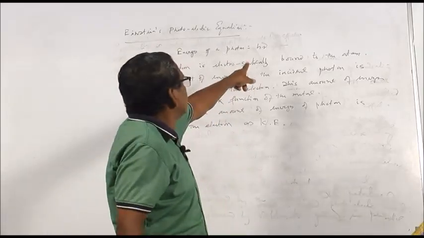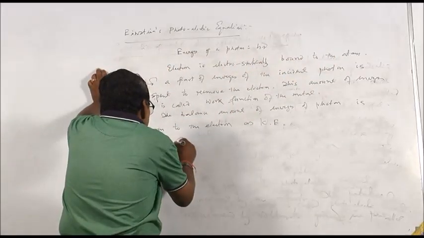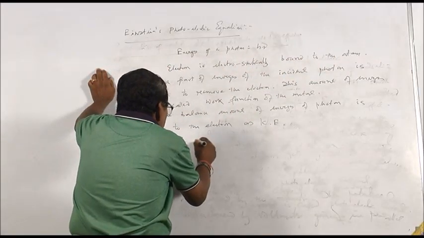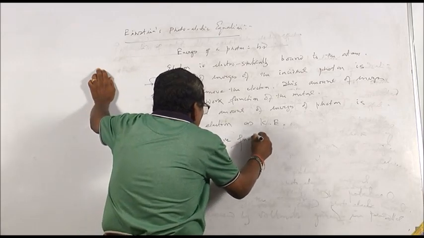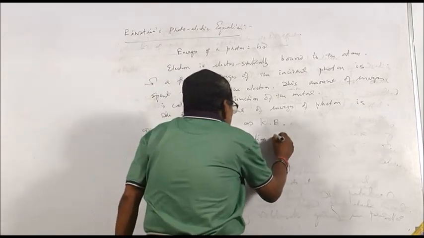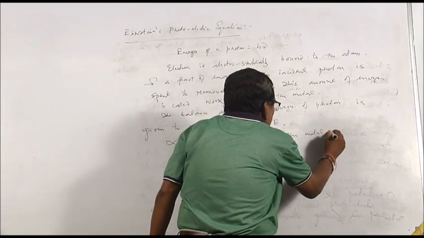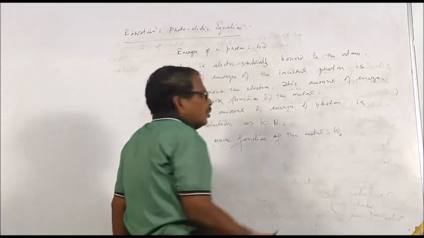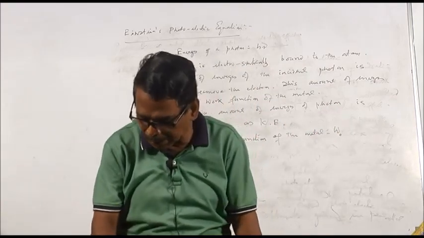How much energy is incident? Energy incident is equal to h nu. Suppose the work function of the metal is W0, the amount of energy required to remove the electron from the atom.